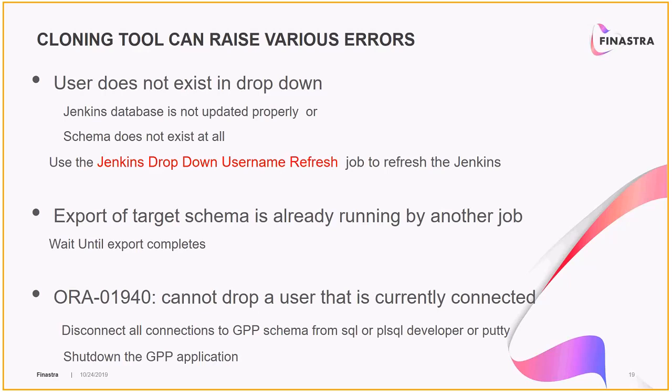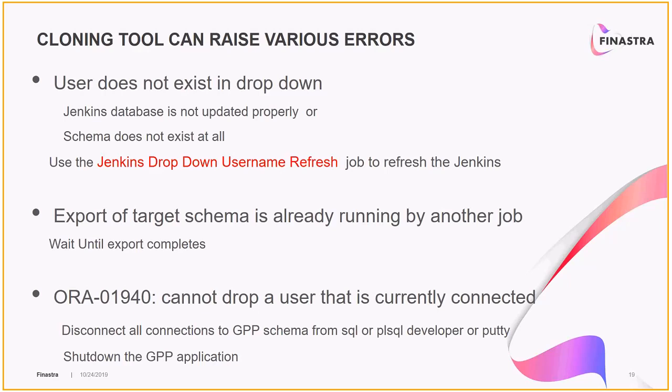Then there is a possibility that the schema might be in a dropped state. So these are the specific reasons, or the developer does not know or does not remember the old schema name and thinks that it was present there. So these are the various reasons.